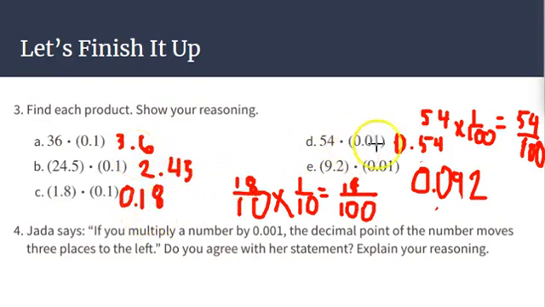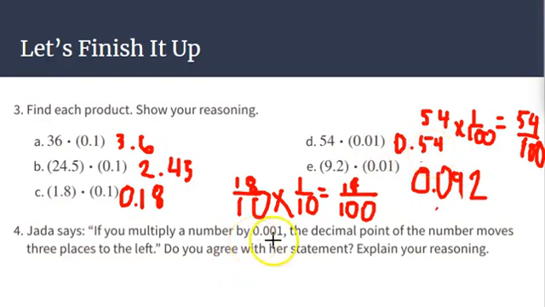And then when we did by 100th, it moved 2 places to the left. So what she says makes sense. And the reason why that makes sense is that we're moving by powers of 10. So what's happening is when we're multiplying by 1/10, we're actually moving all these digits down a place value in the tenths. Here we're multiplying by 100th, we're moving each of them 2 place values smaller.